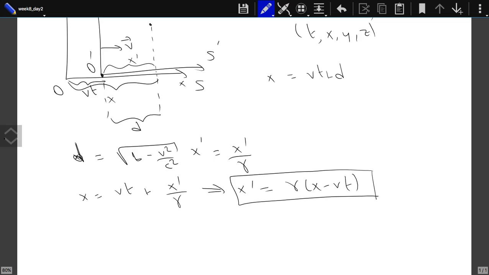So what he will say is x prime is just minus vt prime this time, because the S reference frame is moving in the other direction, plus x. But x is measured in the other reference frame. He will also observe it to be contracted, so it will be x over gamma.